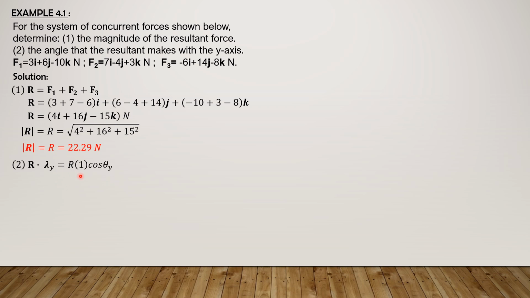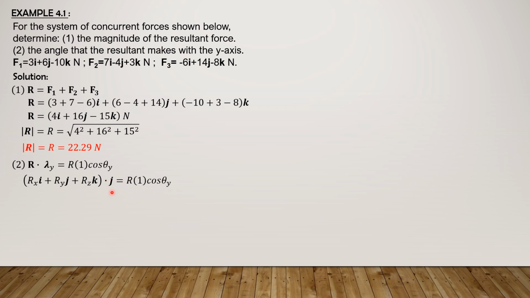And let us show it by this dot product application. So R dot lambda y, unit vector of y, is equal to magnitude of R, magnitude of lambda y, which is a unit vector, which is 1, times cosine of the angle between them, which is cosine of theta y. Substituting the value of R, which is quantity Rx i plus Ry j plus Rz k, that unit vector y is j, is equal to R times 1 cosine theta y.